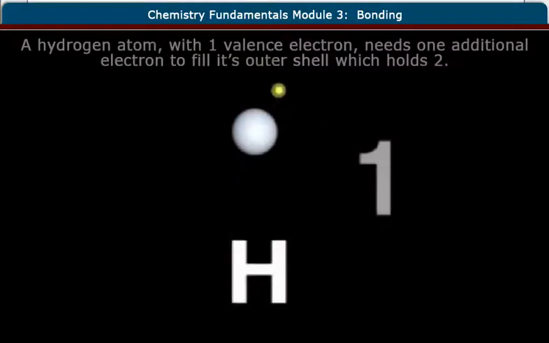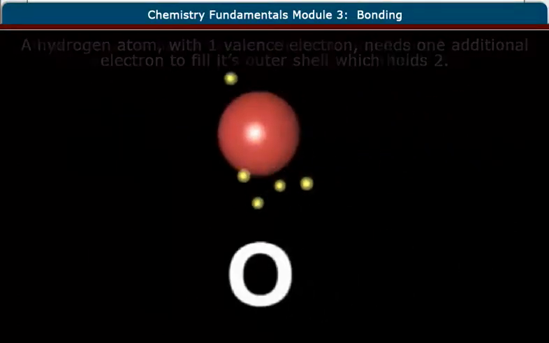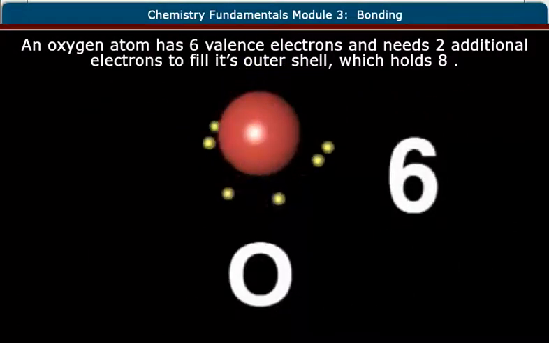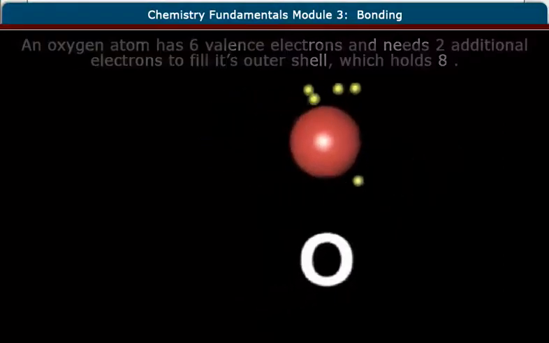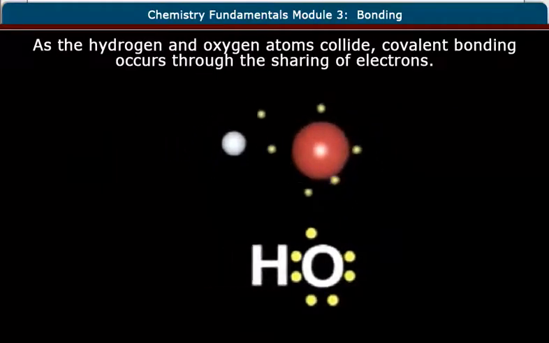A hydrogen atom with 1 valence electron needs 1 additional electron to fill its outer shell, which holds 2. An oxygen atom has 6 valence electrons and needs 2 additional electrons to fill its outer shell, which holds 8. As the hydrogen and oxygen atoms collide, covalent bonding occurs through the sharing of electrons.